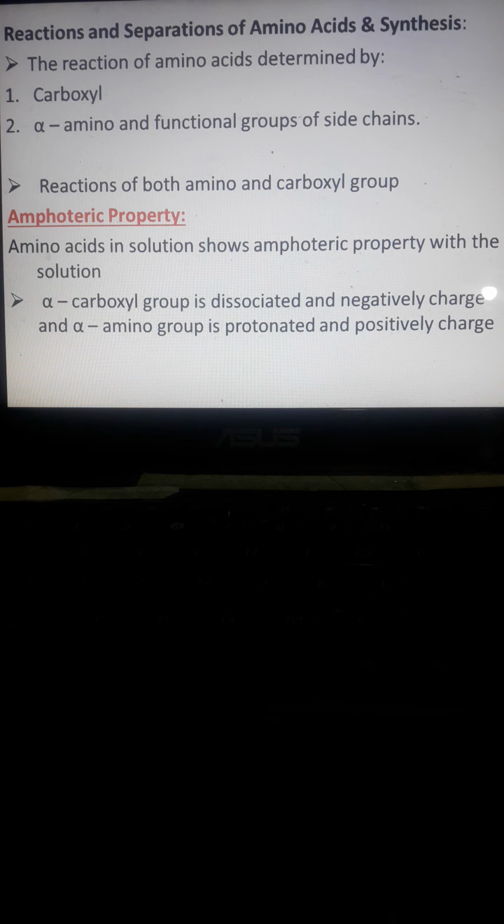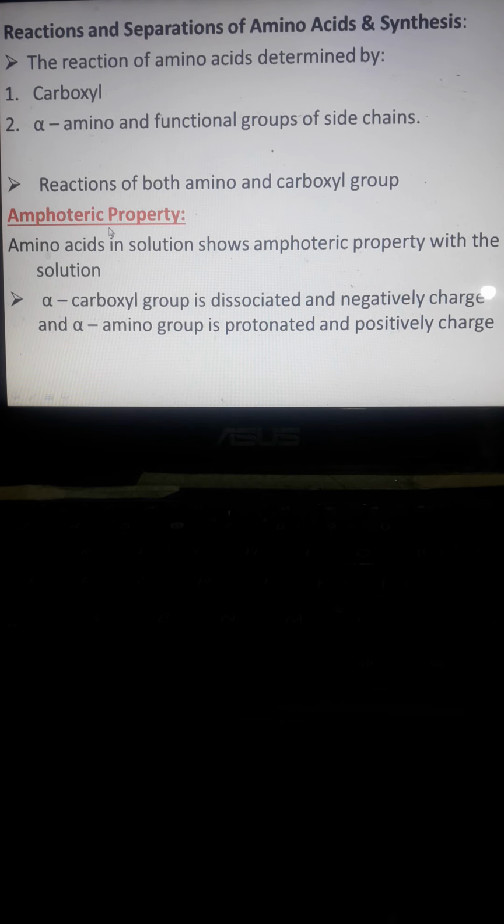If the amino acid reacts, it is the amino group that will bond with the negative charge of another molecule. So the reactions of both amino and carboxyl group are known as amphoteric property, wherein an amino acid acts as a positive and a negative.